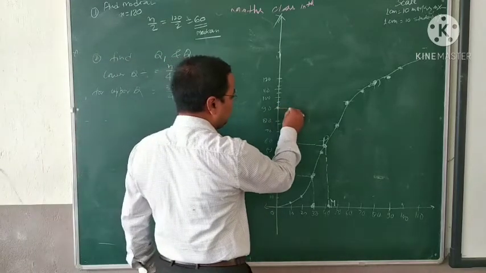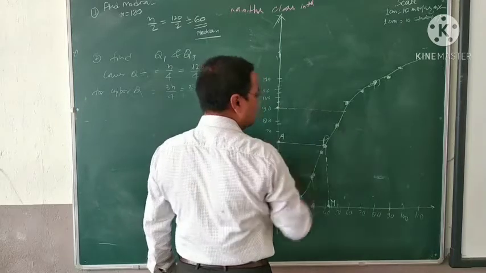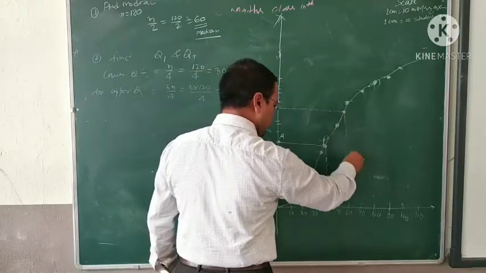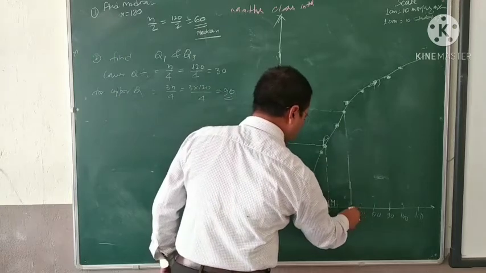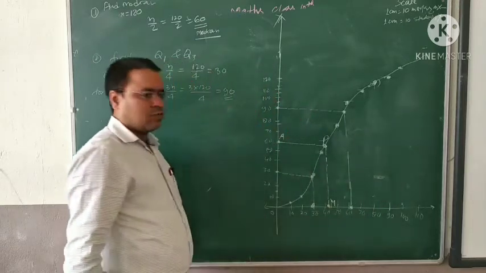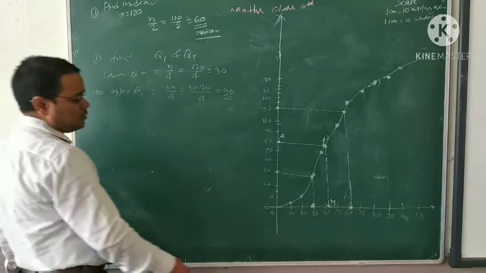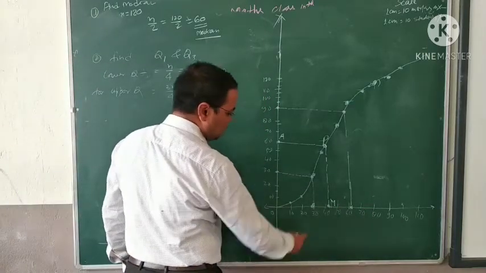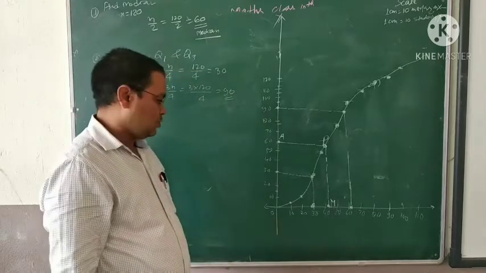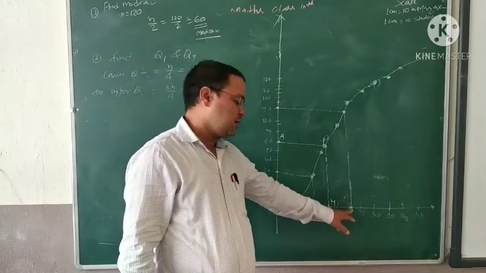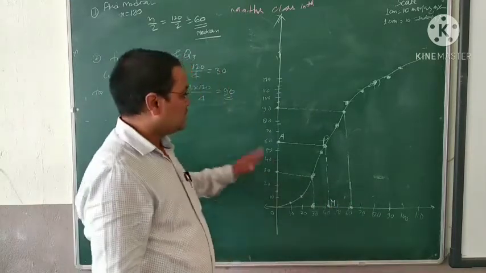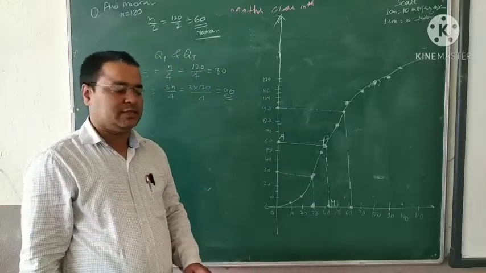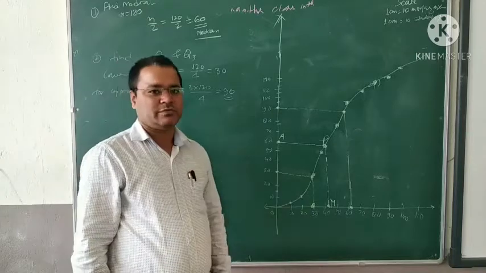Draw a line parallel to the x-axis which intersects the curve at this point, and again from here we draw a perpendicular line where this will be the upper quartile. In this way, this represents upper quartile, this represents median, and this represents lower quartile. In this way we can find quartiles and medians with the help of the curve.